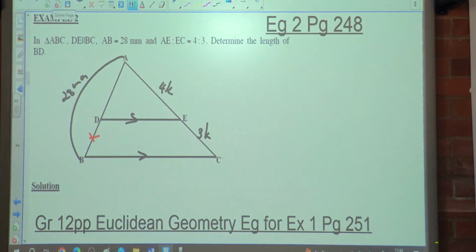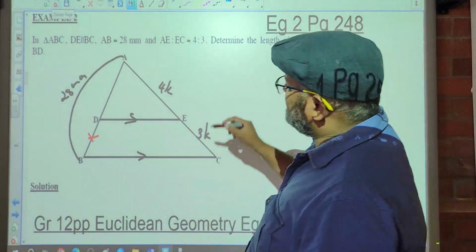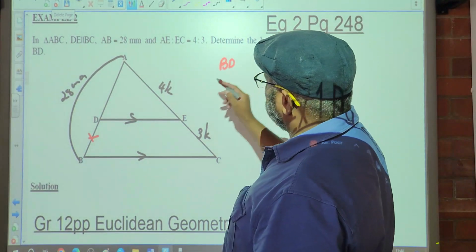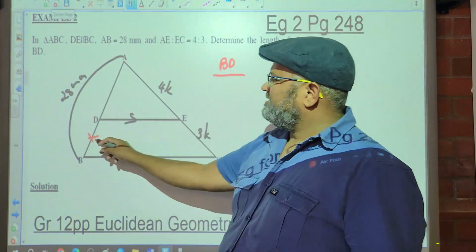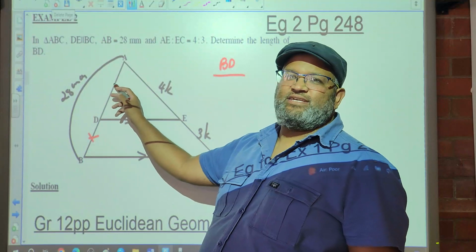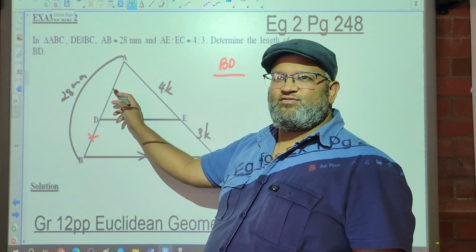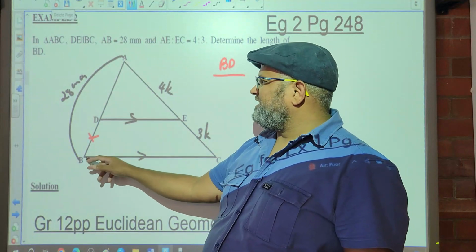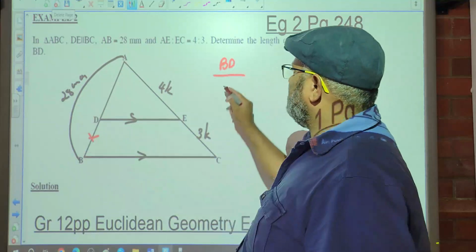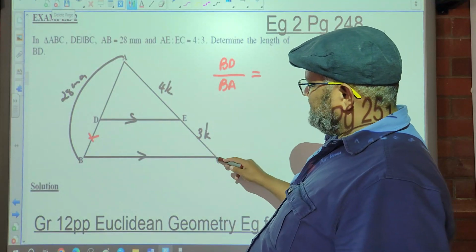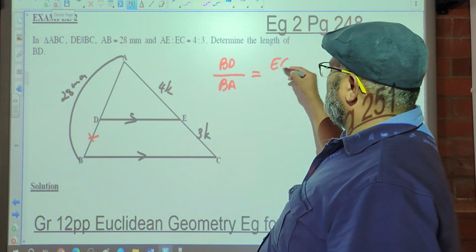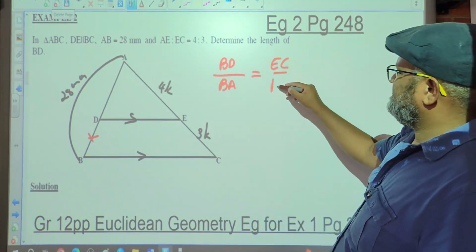Okay. So using that proportionality theorem, what can I say? I start off with what I want to calculate first. BD over. Am I going to say AD? No. Why? Because I don't have the length of AD. I'm going to say BD over BA is equal to EC over AC.